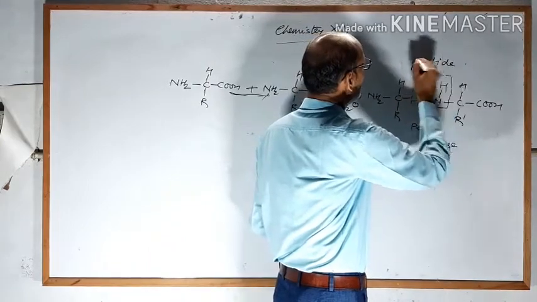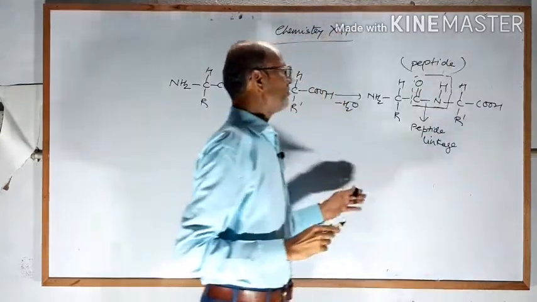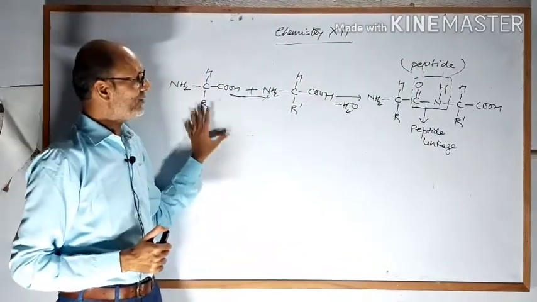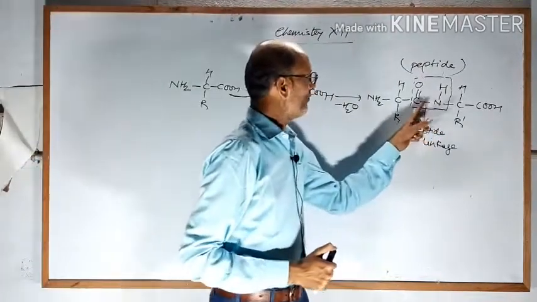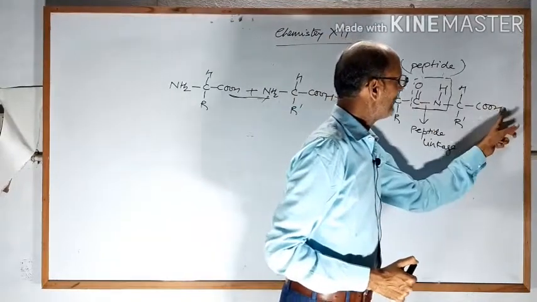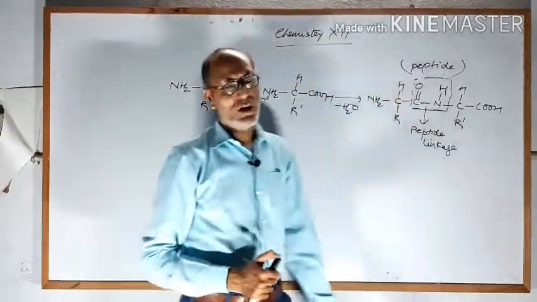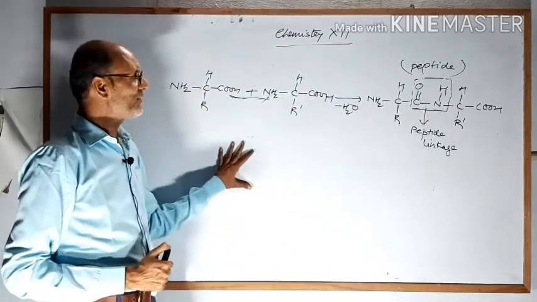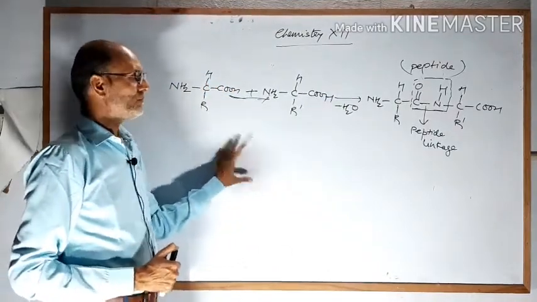Because you are taking two amino acids, you can call this a dipeptide. In case of three amino acids, suppose you are taking three amino acids, one peptide bond will be here, another will be here. So that will be called tripeptide. In case of four amino acids, tetrapeptide.